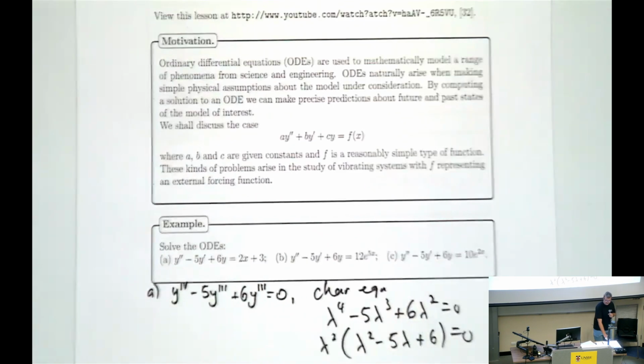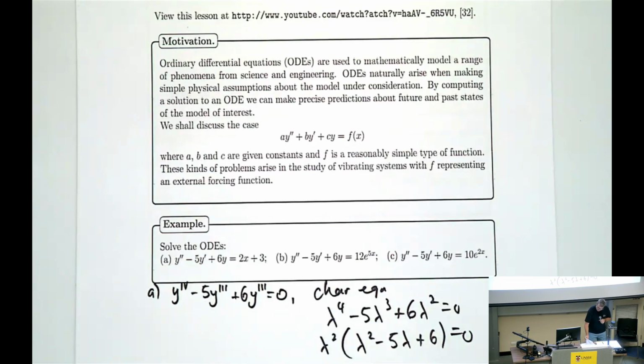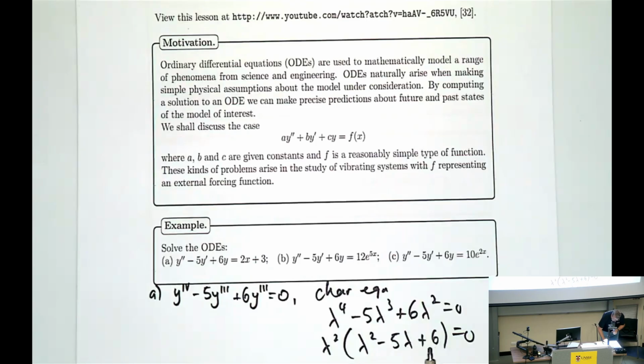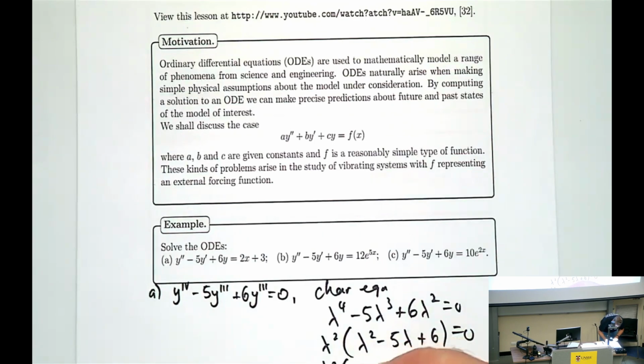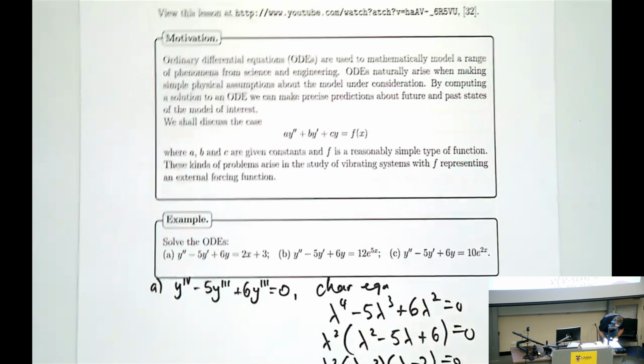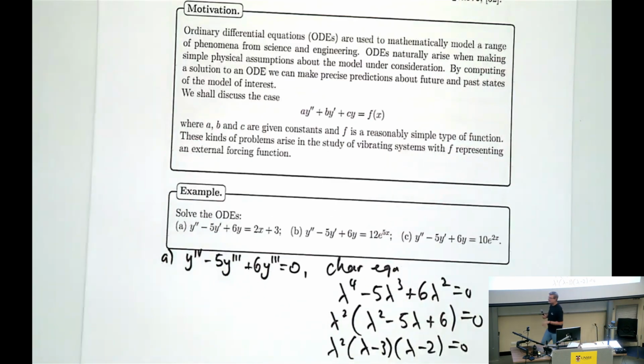And I can factor that bracket. What have I factored it into? Negative 3 and negative 2. So what is my solution to the characteristic equation? It's 2 and 3 and 0 and 0. So let's write that down.